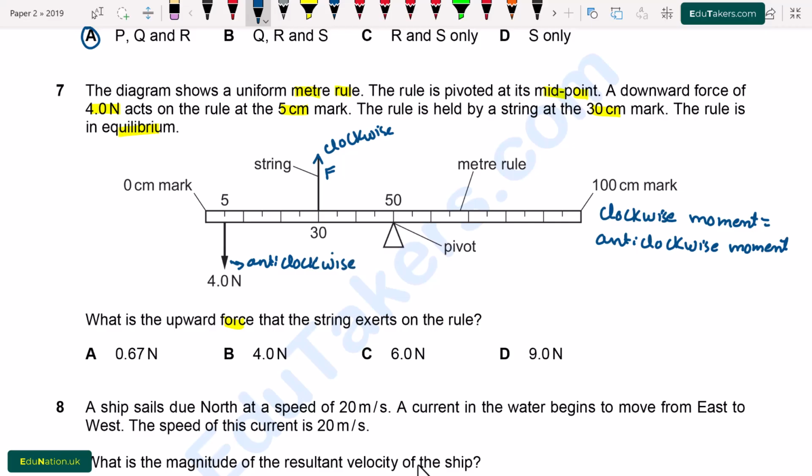Also, the moment is the product of force and the perpendicular distance from the pivot point.